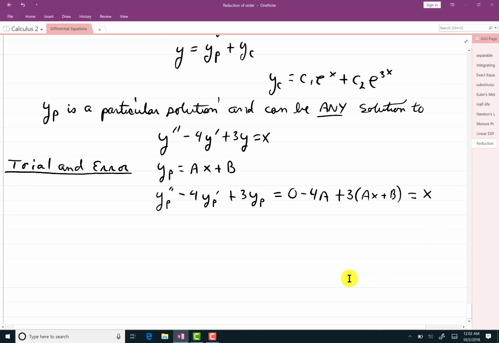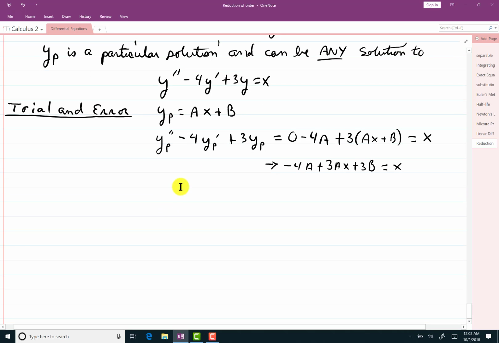Now watch what I do. I'm going to have negative 4a plus 3ax plus 3b equals x. I'm going to go one step further and see if you can follow me here. I'm going to rearrange my left side into the following: 3a times x plus 3b minus 4a. That's the left side. On the right side, I'm going to rewrite it as 1 times x plus 0.